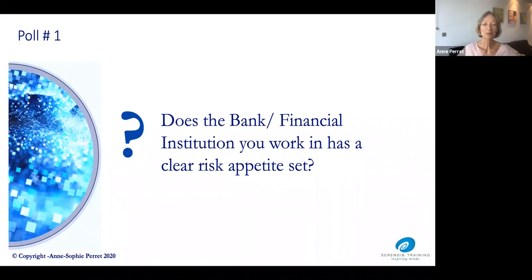We're going to start with a very short poll. The answers are very simple, basically a yes or a no. The question is around risk appetite. Does the company you work for, a financial institution or a bank, have a set risk appetite?